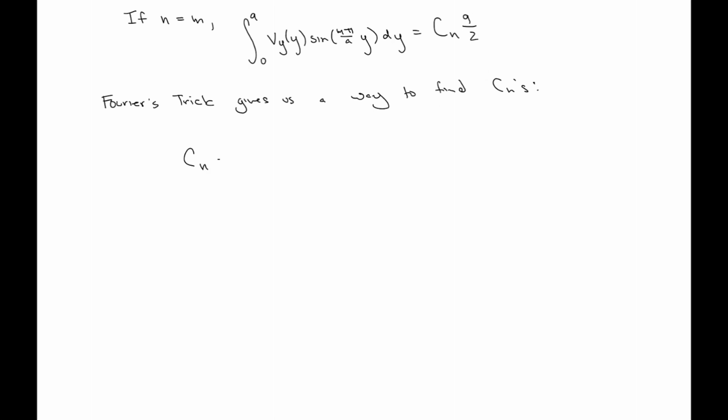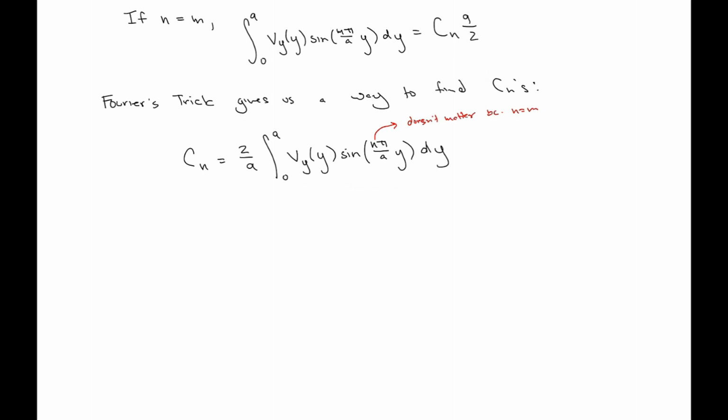So our c sub n's are now going to be equal to 2 divided by a, okay, times the integral from a to 0 of what was on the left-hand side. In this case, I changed that m back to an n. So it doesn't matter because n and m are equal in this case. Okay, so I can switch it back.